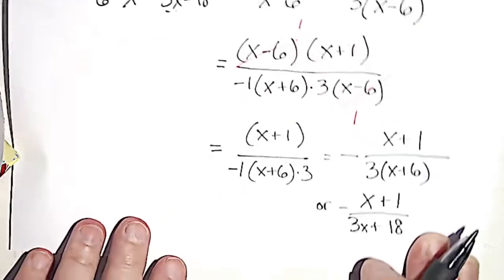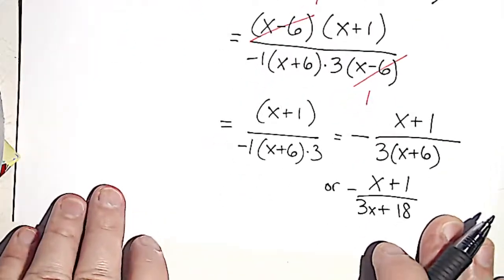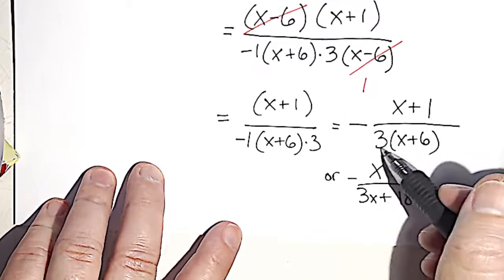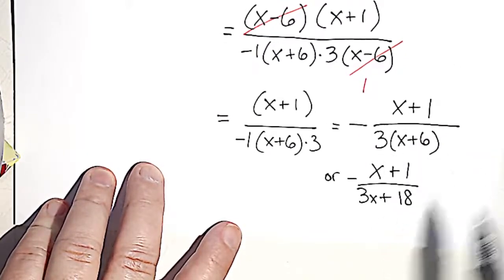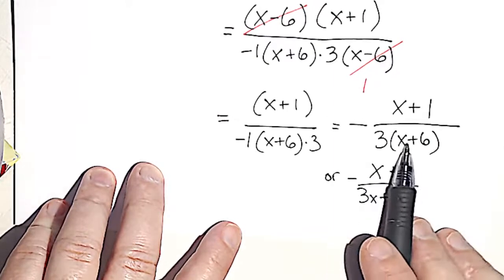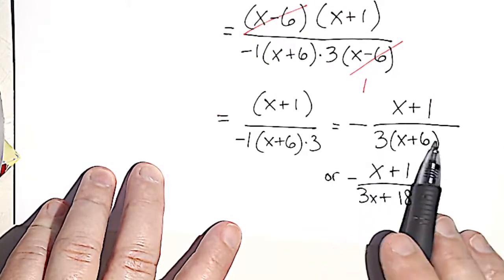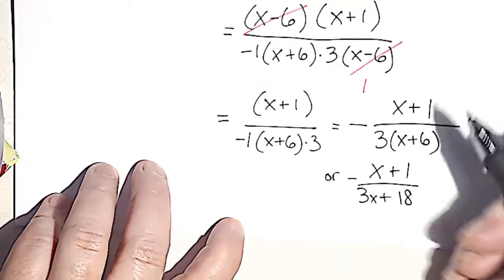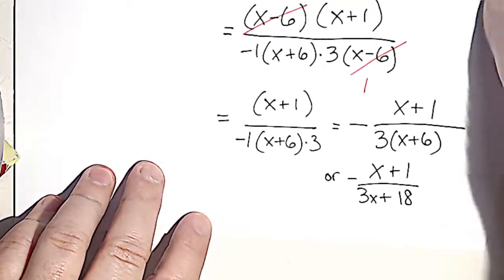As I said, depending on your instructor and WebAssign and all the other things, you may be able to leave the denominator factored, or they may want you to multiply it out. 3 times x is 3x, 3 times 6 is 18. Okay, but either way, we're done. Woohoo! Okay, that page is done.